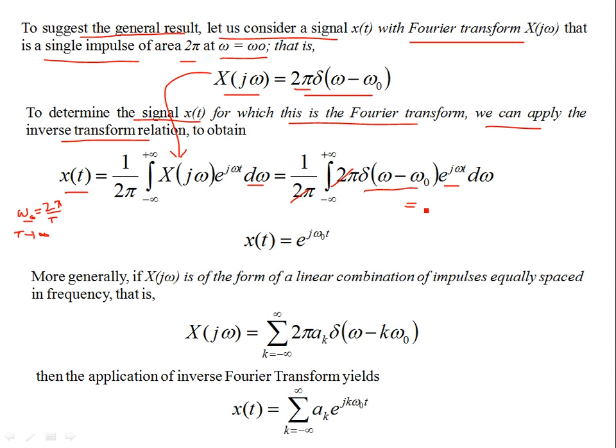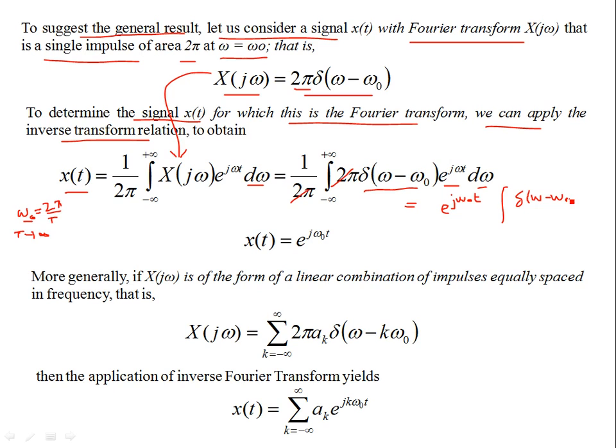Since this is a multiplication of a shifted impulse which occurs at omega naught, you can take e to the j omega naught t out of the integration, because the integration variable is omega, and inside the integration you are left with delta of omega minus omega naught d omega.